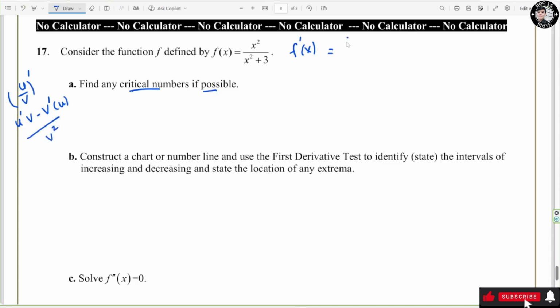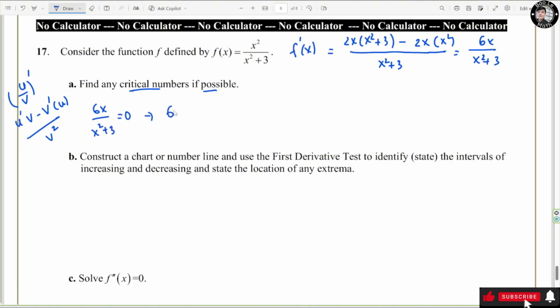So it's going to be 2s times s squared plus 3 minus 2s times s squared over s squared plus 3 squared, right? Now distribute this one and simplify. The answer must be 6s over s squared plus 3 squared, right? So we need to have 6s over s squared plus 3 squared equal to 0.